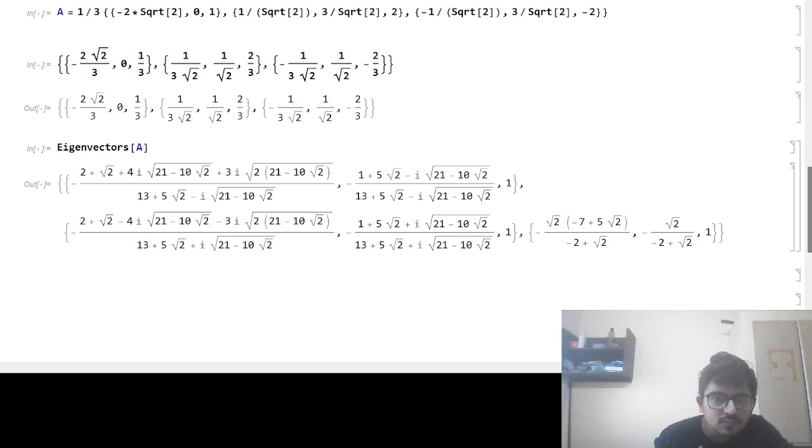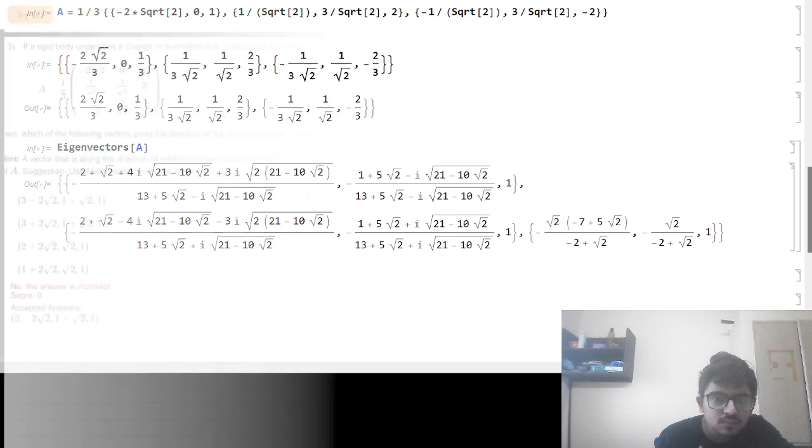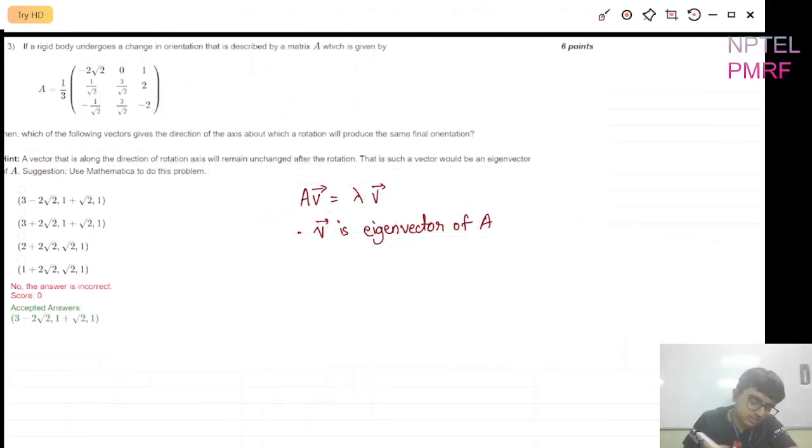As you can see, two of them are imaginary, which means the eigenvector which is the axis of rotation is the third one. The third one is not rationalized, so you have to multiply and divide by square root of 2 plus 2. Once you do that, you will realize that it is the same as the first option. So, using Mathematica.